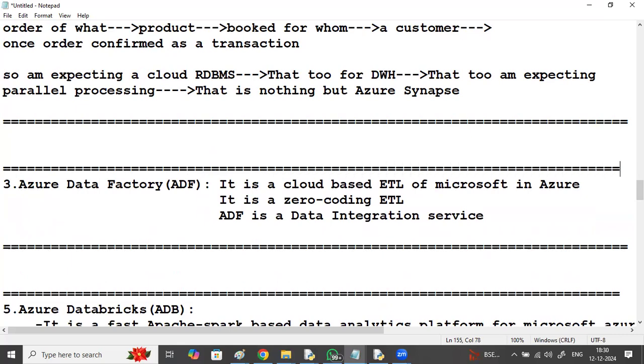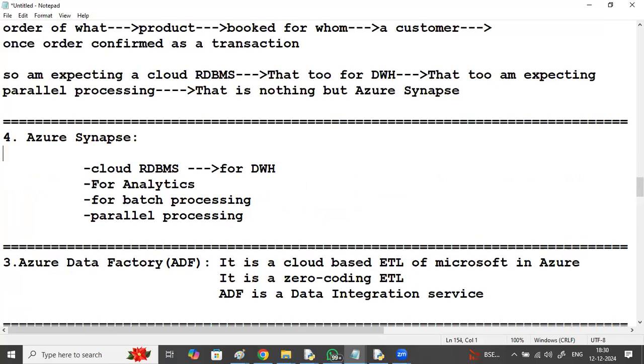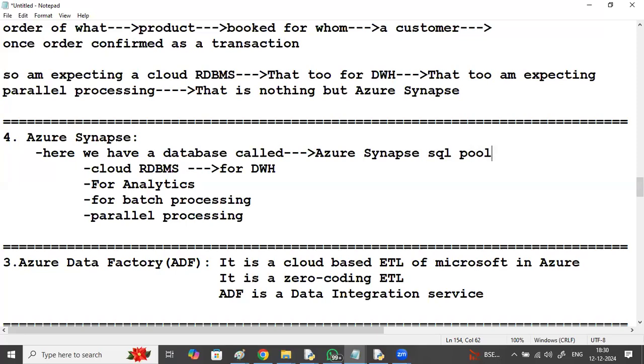Why I'm going to Azure Synapse means it's a kind of data warehouse environment, where I can maintain relationship. If I talk about Azure Synapse, here we have a database called Azure Synapse SQL Pool DB.